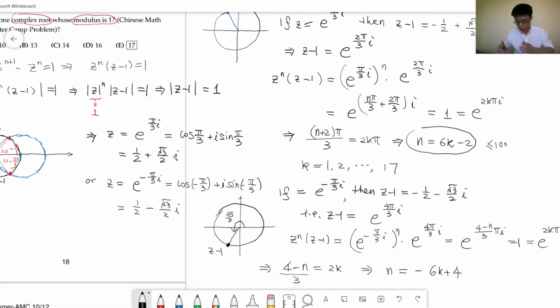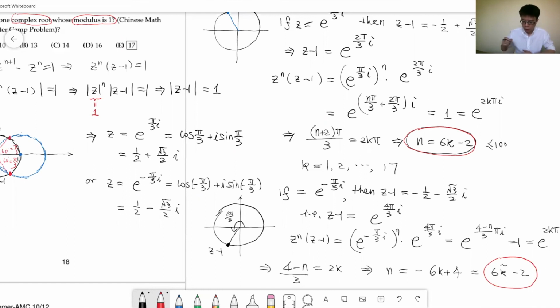Then let's review this a little bit. This is equivalent to 6 for different k, plus minus 2. So I'm considering the remainder when divided by 6. So the remainder is 4. This is equivalent to the previous case. So these two are basically equivalent when we just consider the remainder when divided by 6.